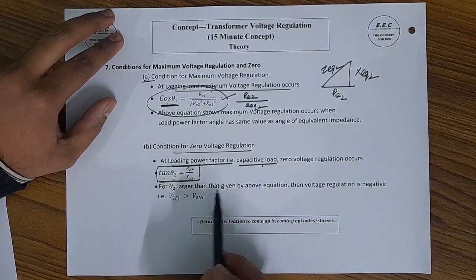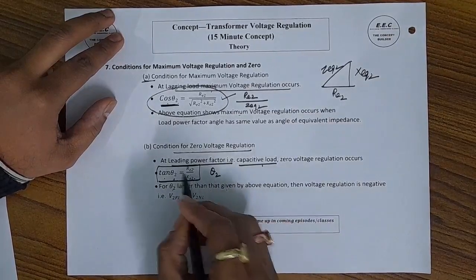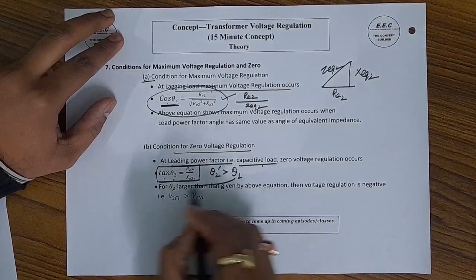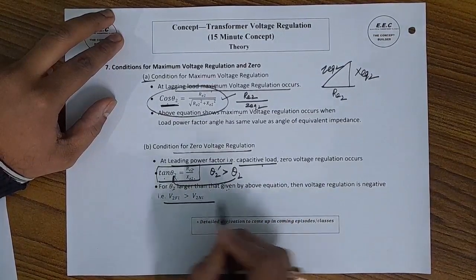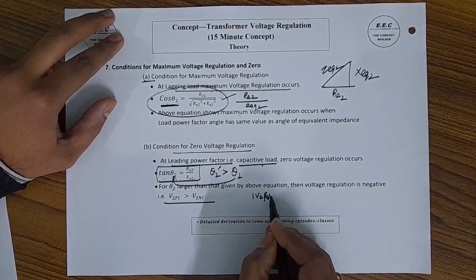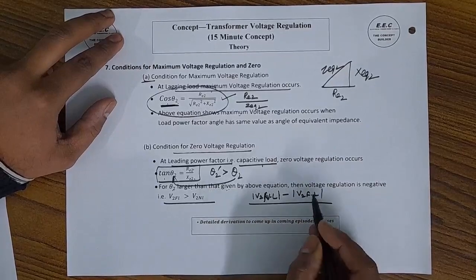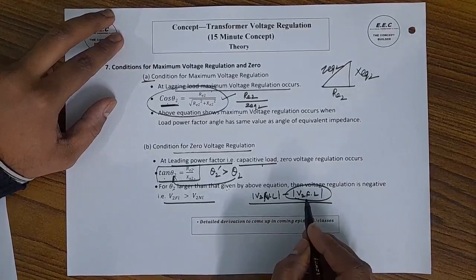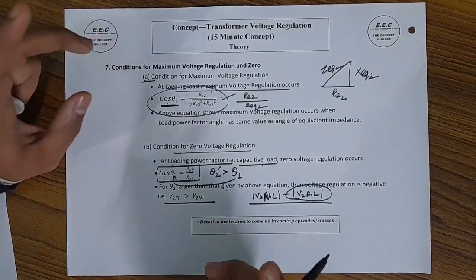When theta 2 is larger than that given by the above equation, then the voltage regulation becomes negative. How does voltage regulation become negative? Consider V2 no load minus V2 full load. If V2 full load is greater than V2 no load, then definitely this is going to be negative voltage regulation.